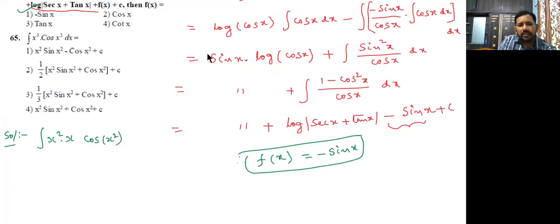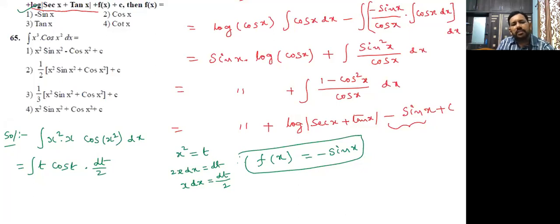Here take x square equal to t, 2x dx equals dt, x dx equals dt by 2. So here we can write integration t cos t, where x dx means dt by 2.